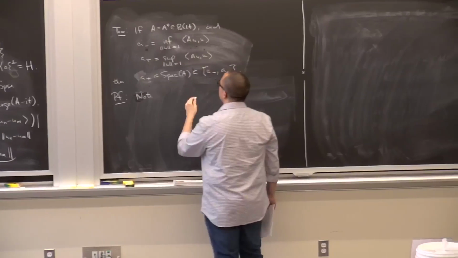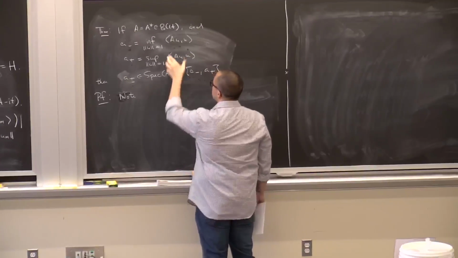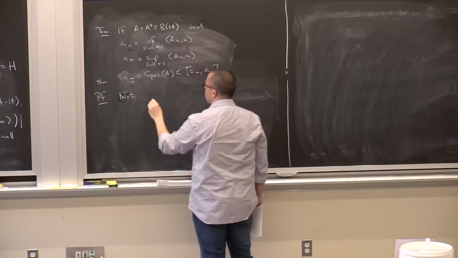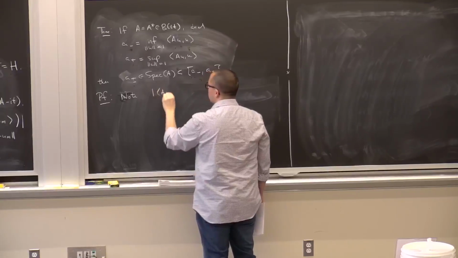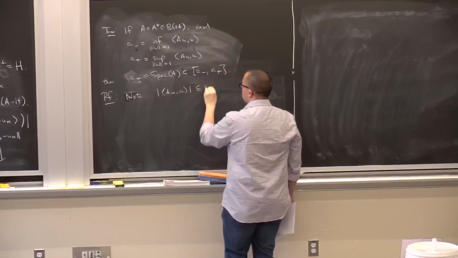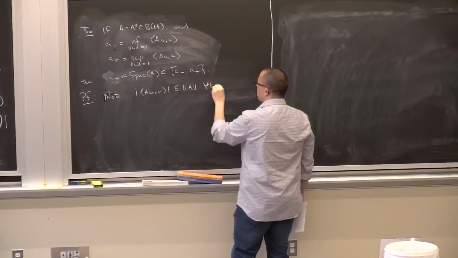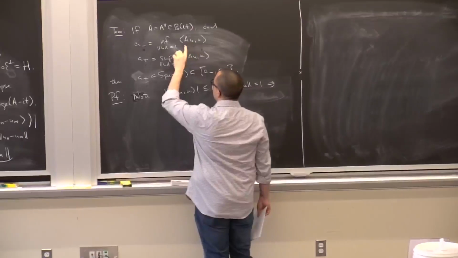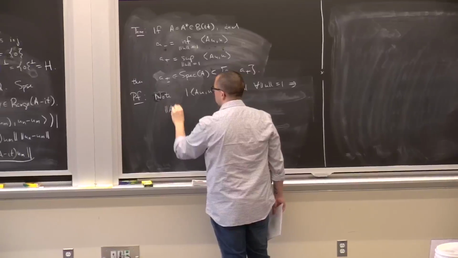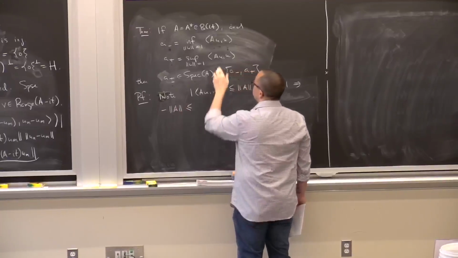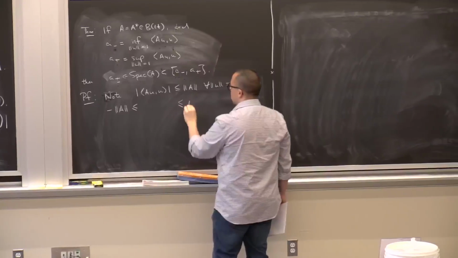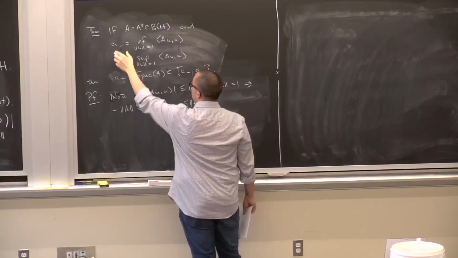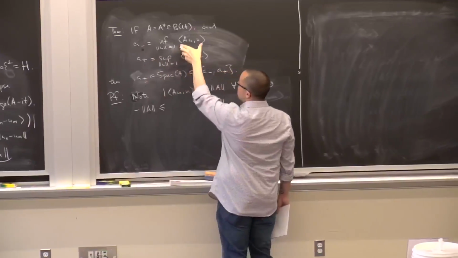First note that, again, since the absolute value of ⟨Au, u⟩ is always less than or equal to the norm of A for all unit vectors, this implies that this quantity here is always bounded below by minus norm of A and bounded above by norm of A. And therefore, the infimum is bounded below, so this is a lower bound for this quantity here.